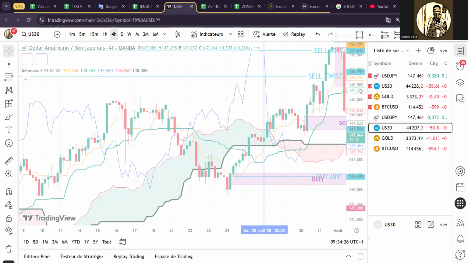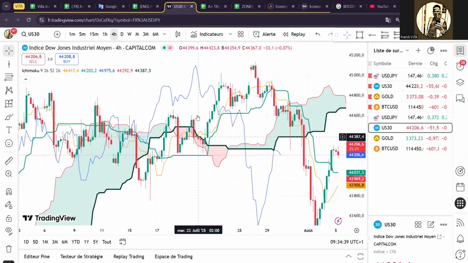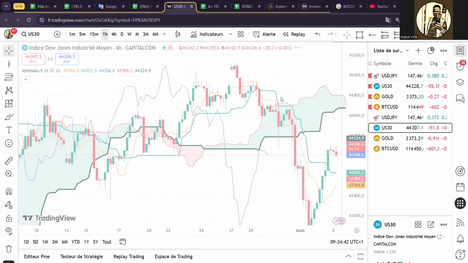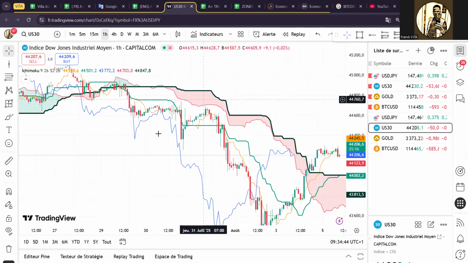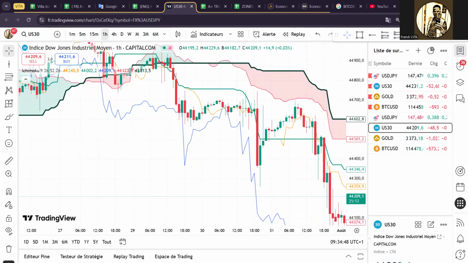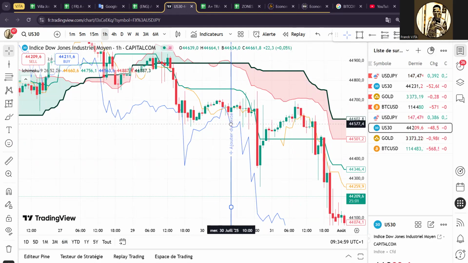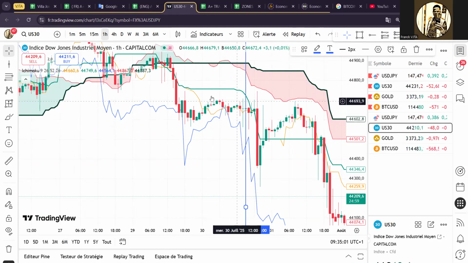It's not only on USDJPY that this happens. It should happen a lot of times. Let us take this example. At this level in Dow Jones, in 1 hour we already have almost 3 touches.